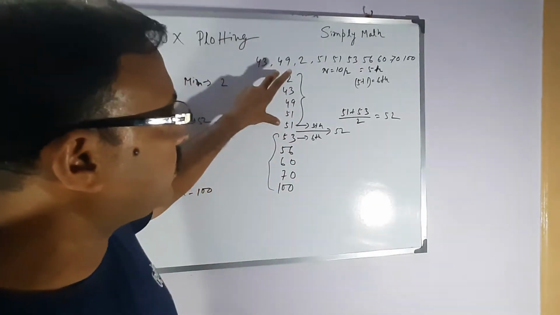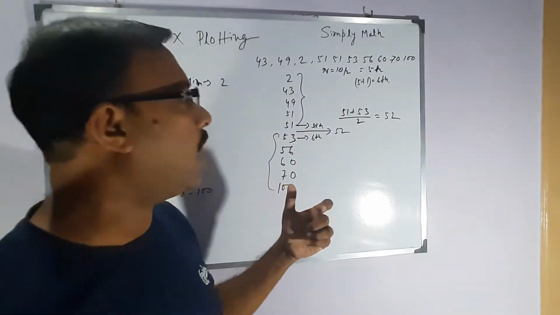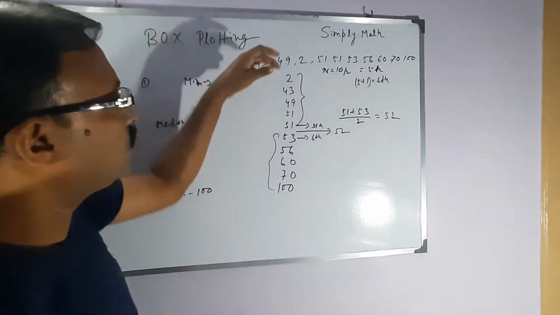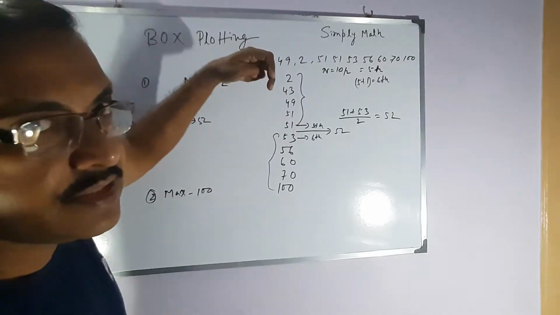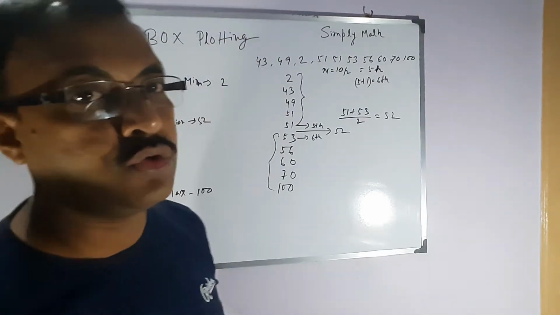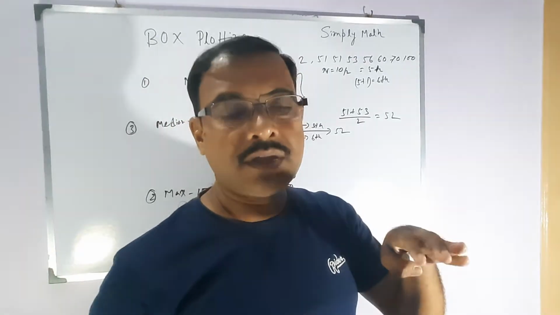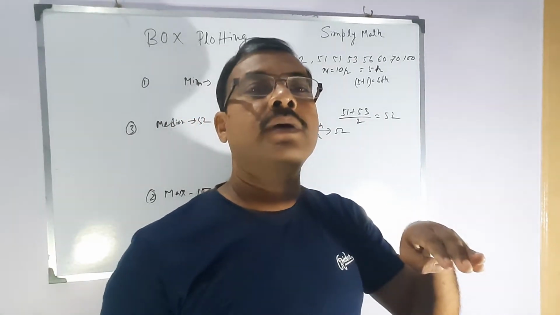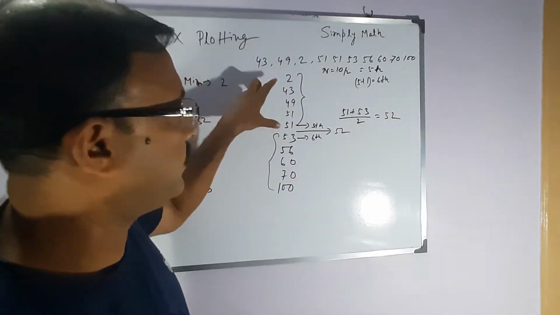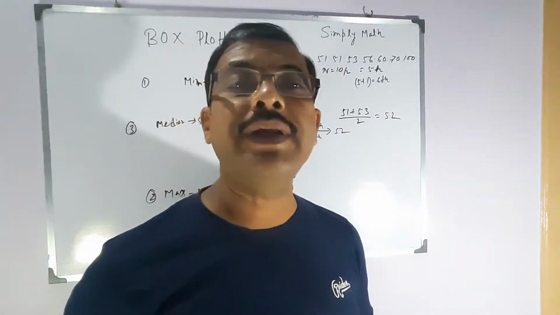From my first subset, I will again find the median. In my first subset, the series is an odd number series: 1, 2, 3, 4, 5. So how will we find the median?